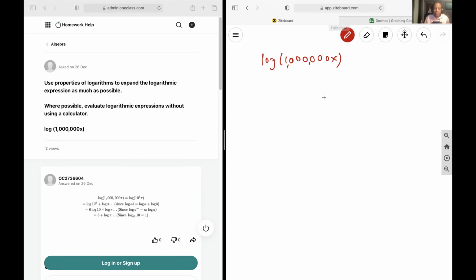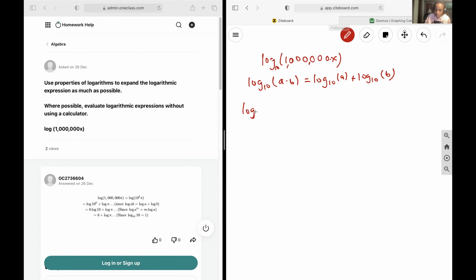Okay, so first up, we are going to use the property that log to the same base, so let's use base 10, of a times b is equal to log base 10 a plus log base 10 b. So in this case, this is a million times x. And so since they're both to the base 10, if there's no base stated, it's base 10.